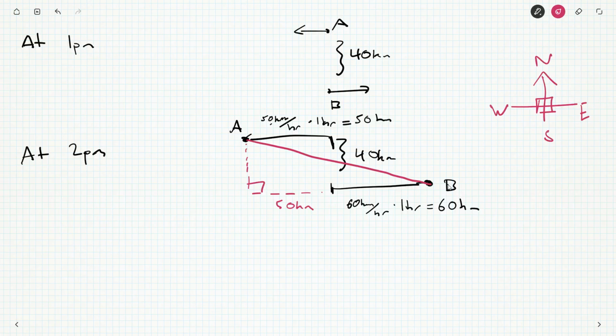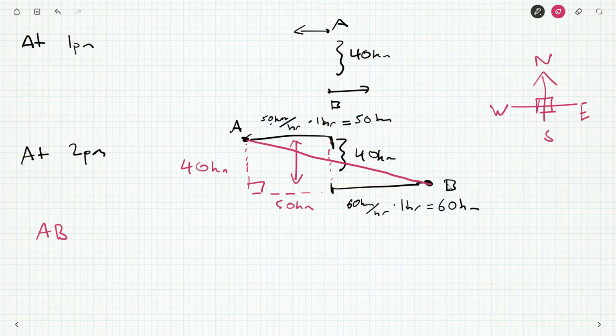So a north-south distance is going to be perpendicular to a straight east-west distance. You could probably say, oh, it's a rectangle, so these are both going to be 50. I think it's clear. And we got 40 here. The same sort of rectangle explanation would be fine.